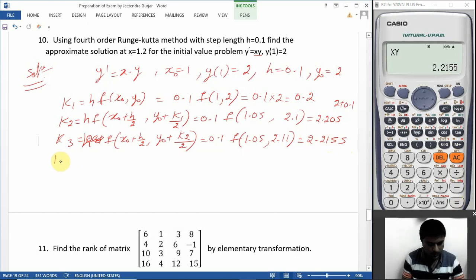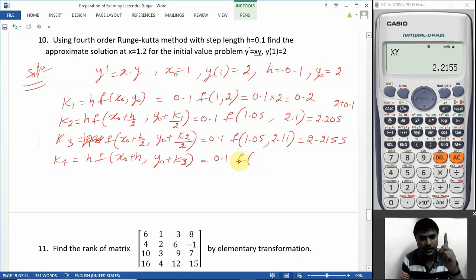Okay, again press equal to, it is 1.1, enter. Next y value it is asking, substitute 2.2215, enter. Here you have to multiply, please remember, 0.1.